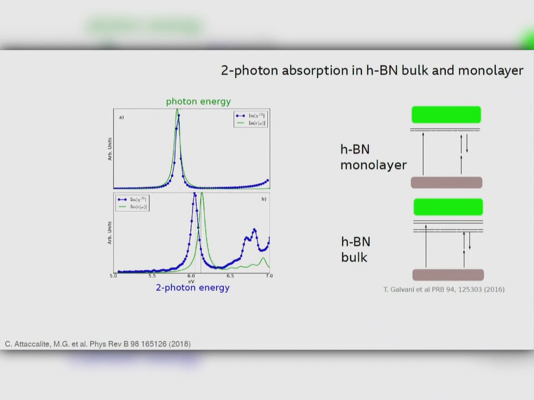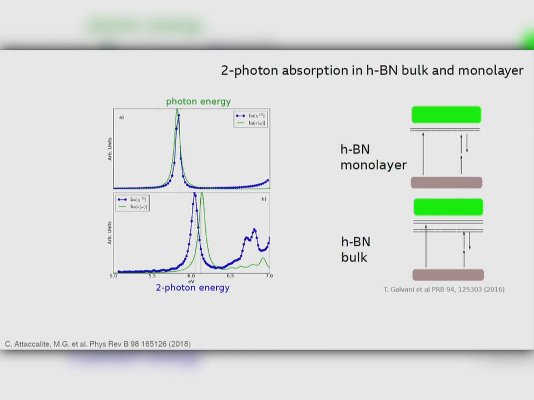And this is very close to what we are doing in the computational setup. We apply this to hexagonal boron nitride, both bulk and monolayer, and we look at the lowest exciton. This one is degenerate in the monolayer, and there is a symmetry breaking in the bulk. Interestingly, the one photon, here in green, can only get one of these, because the other one is dark, forbidden by symmetry.